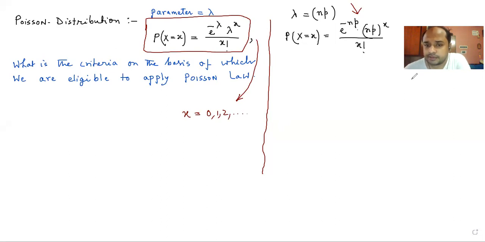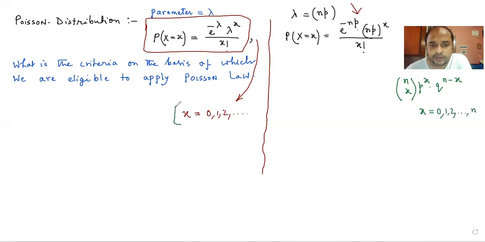Whereas for the binomial probability law, nCx p to the power x, q to the power n minus x, x takes the value 0, 1, 2, up to n.